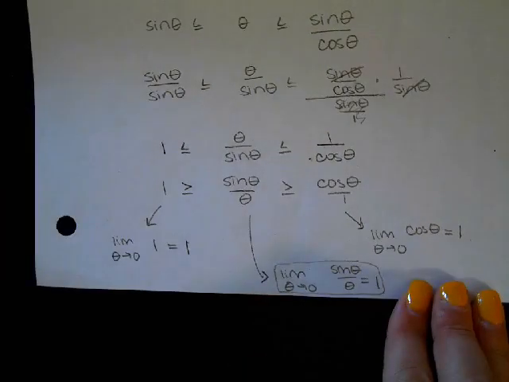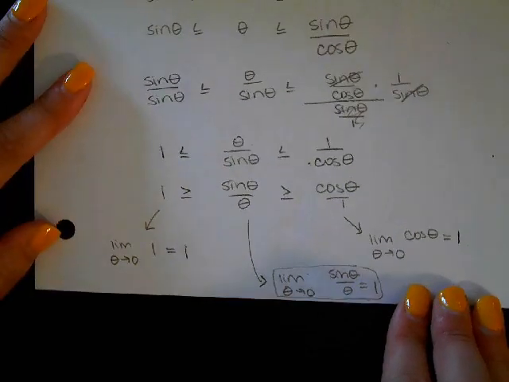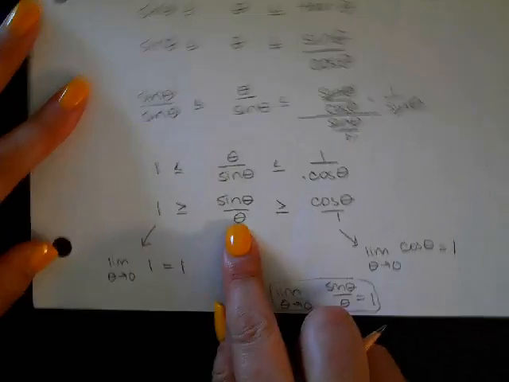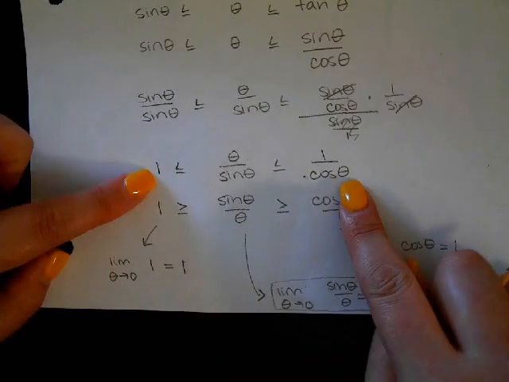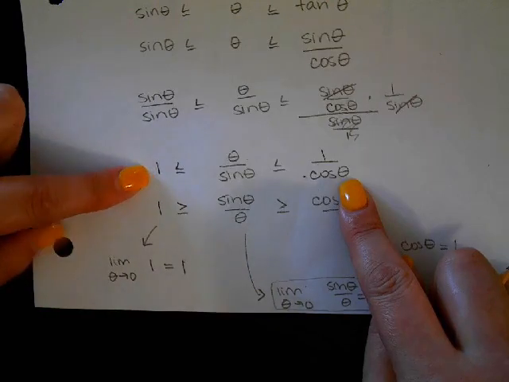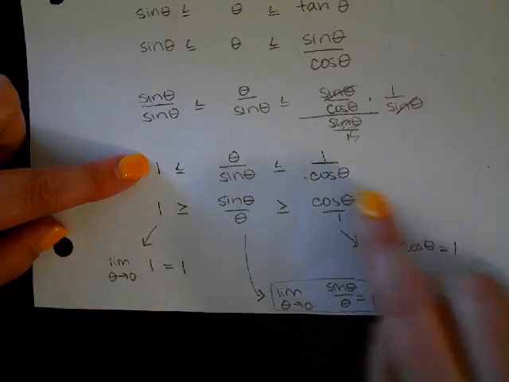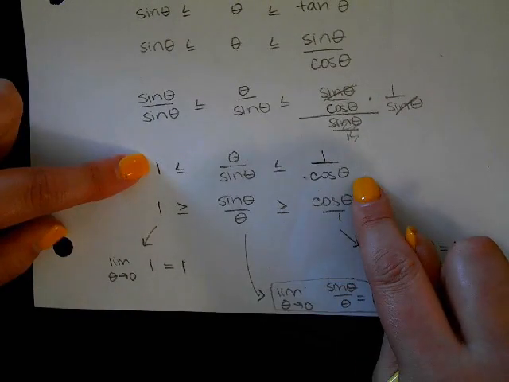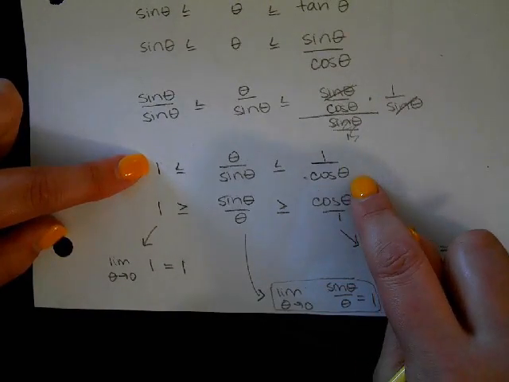Now, go up just one step. What if we had done the squeeze right here? The limit as theta goes to 0 of 1 is 1. What about the limit as theta goes to 0 of 1 over cos? Well, it's cos of 0. It's still 1.